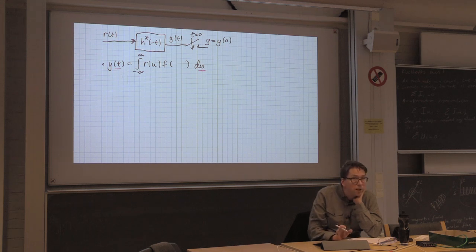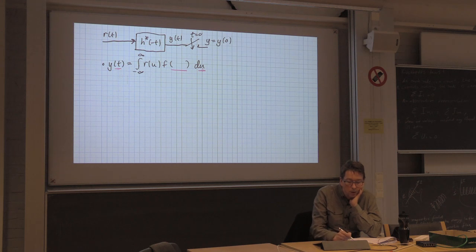Once you have selected this, the only thing you need to do is to figure out what should be inside here. We have a few choices, and there's only one which is correct. So what should it be here? Any suggestions?